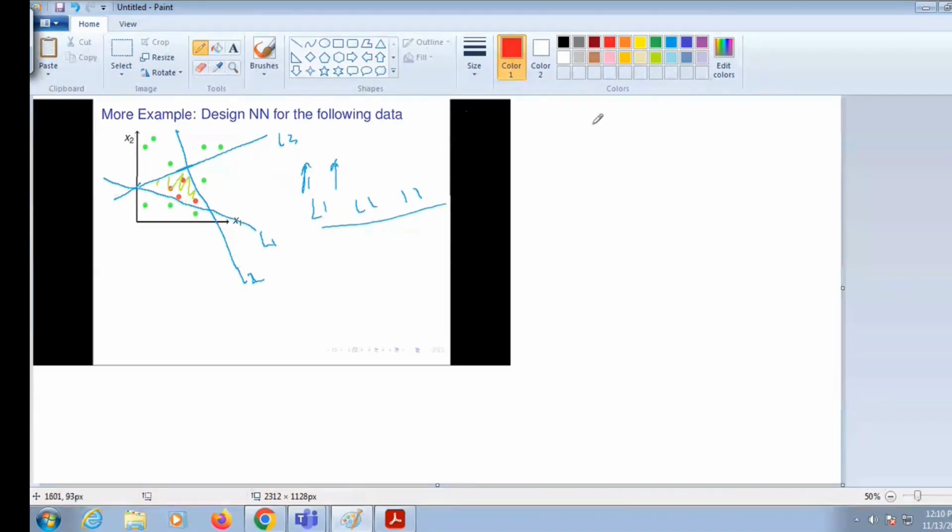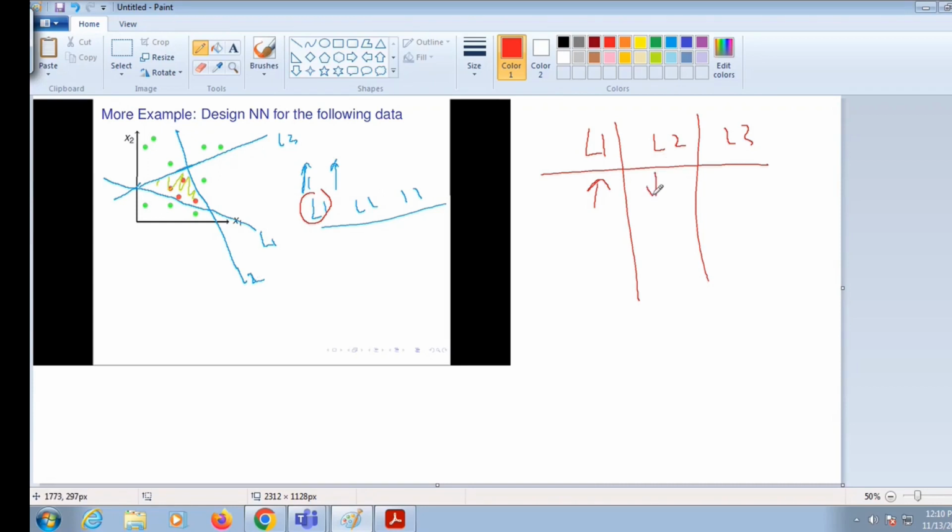If I draw this, for line 1, this particular region is above line 1. For line 2 it is below line 2, am I right? For line 3 it is also below line 3, am I right? Then it is 0. In all other combinations it is 1, am I right? Yes or no?